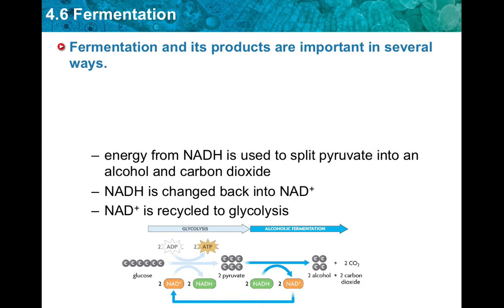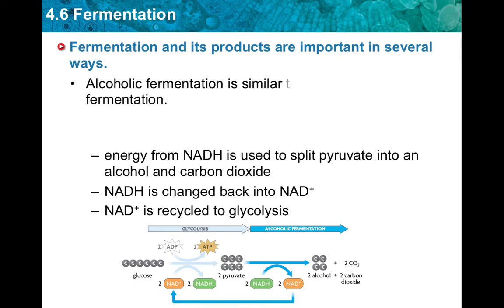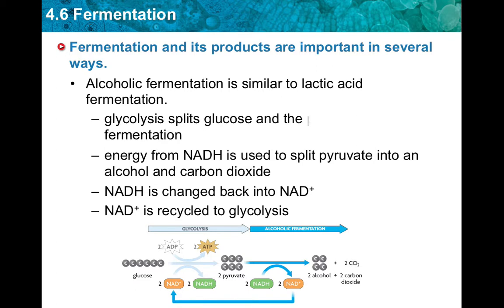Another type of fermentation is alcoholic fermentation. It is anaerobic and used by yeast and some types of plants. Okay, so first we have a pyruvate and NADH from glycolysis that enters the alcoholic fermentation. Two NADH molecules provide energy to break down pyruvate into an alcohol and carbon dioxide.